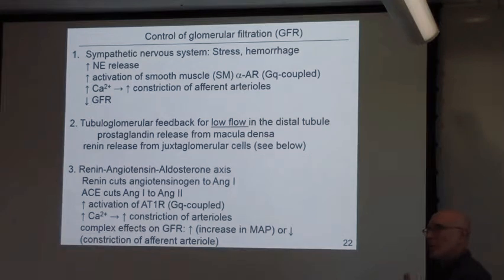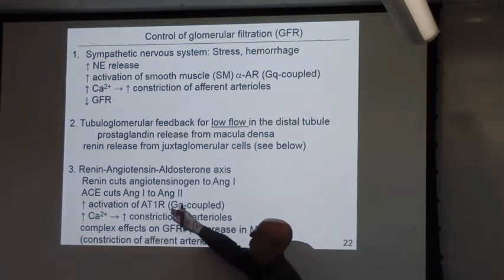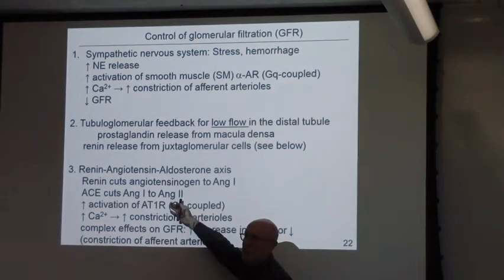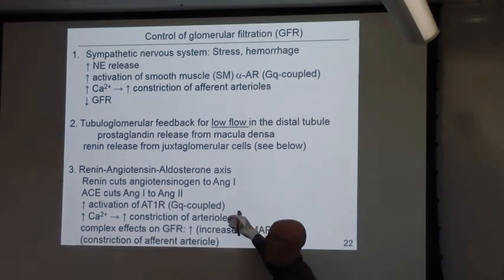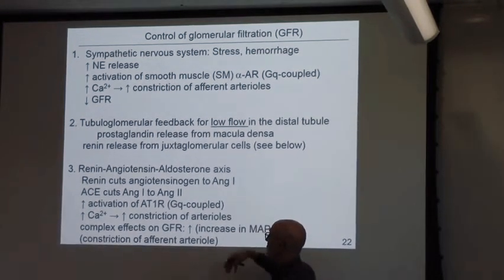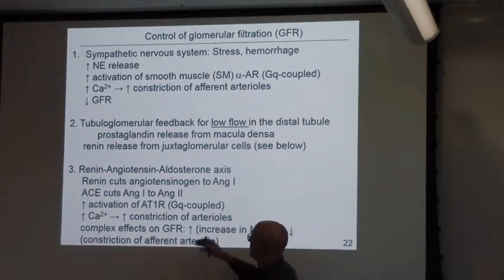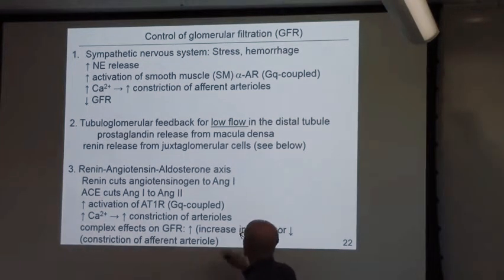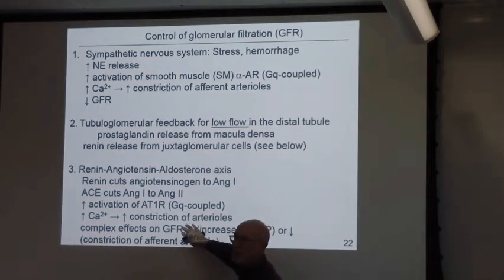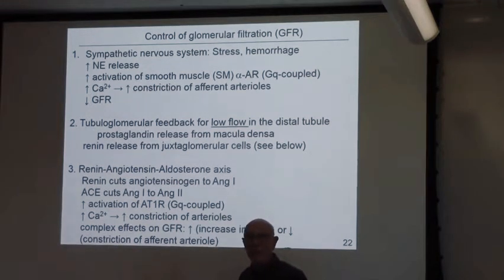ACE, angiotensin converting enzyme from the lungs, is a hormone enzyme that cuts angiotensin 1 to angiotensin 2. Angiotensin 2 interacts with GQ coupled receptors. Constriction of the afferent arteriole. Decrease GFR. Actually, complex effects on GFR, but in the case of dehydration, it decreases GFR.